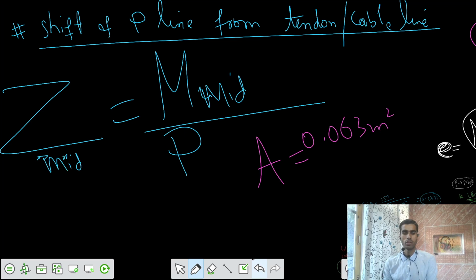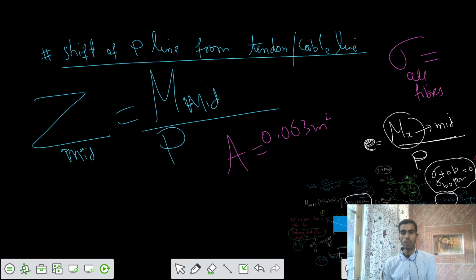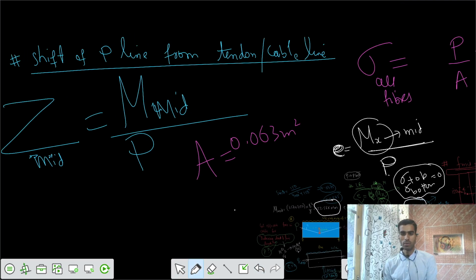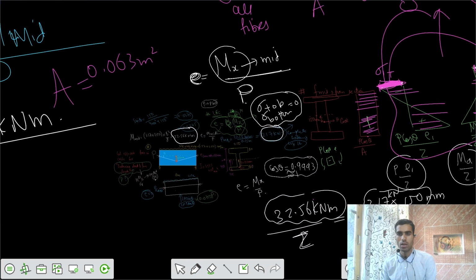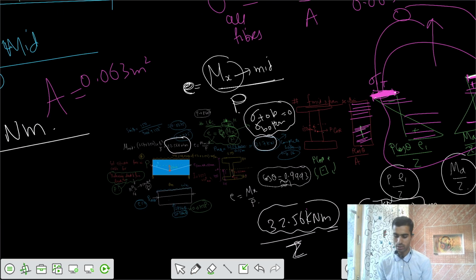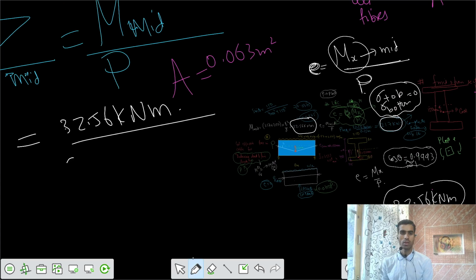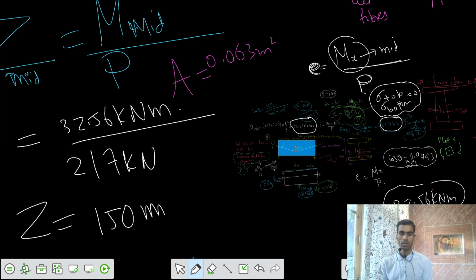So Z is a function of the location X. The moment at mid, we have calculated, was 32.56 kilonewton meter, divided by P. The value of P we calculated as 217 kilonewton, and your value of Z would be equal to 150 millimeters.